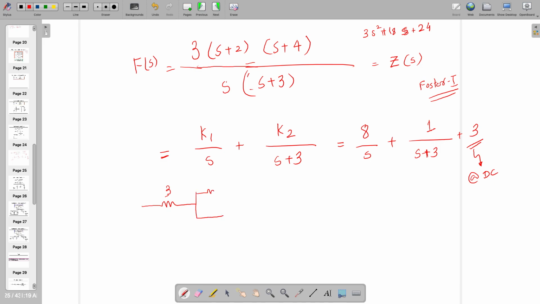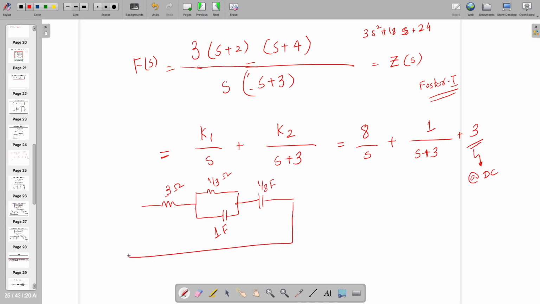The capacitor and resistor: the value of the capacitor will be 1 farad and this value 1 by 3, right? And here it's a capacitor whose value is 1 by 8 farad.